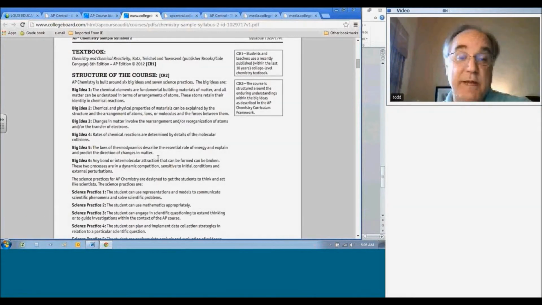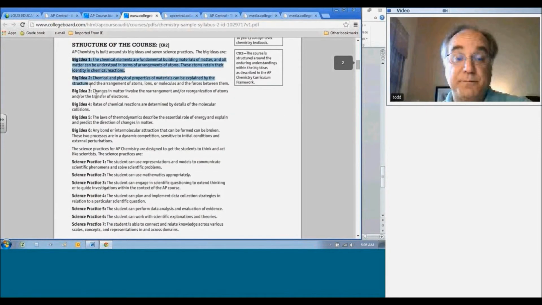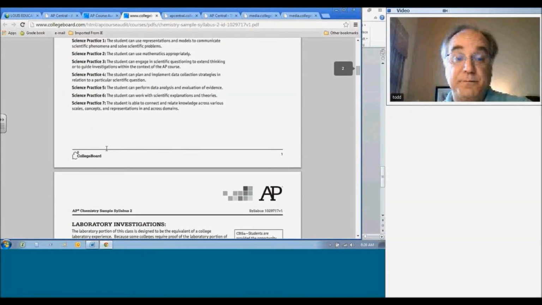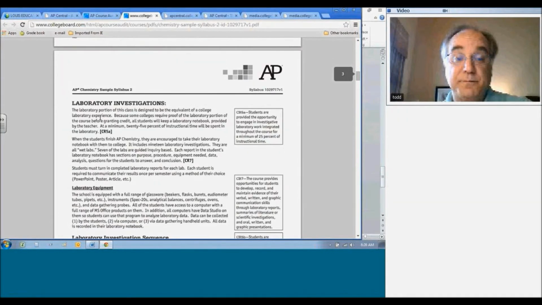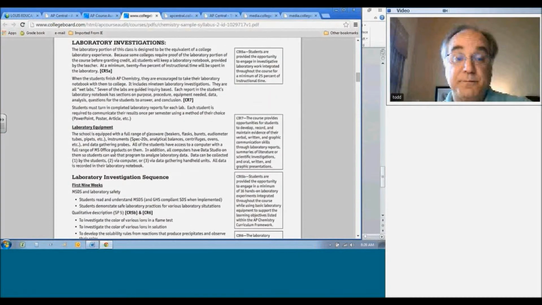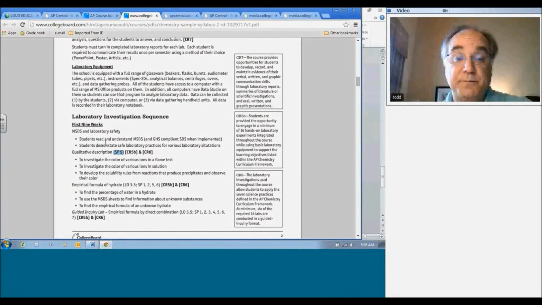Each of these syllabi is laid out differently. So you can see this person with the 6 big ideas, listed science practices, excuse me, and the laboratory investigations. Now, when you list out the laboratory investigations, you do have to list the science practices that each of the laboratory investigations cover.